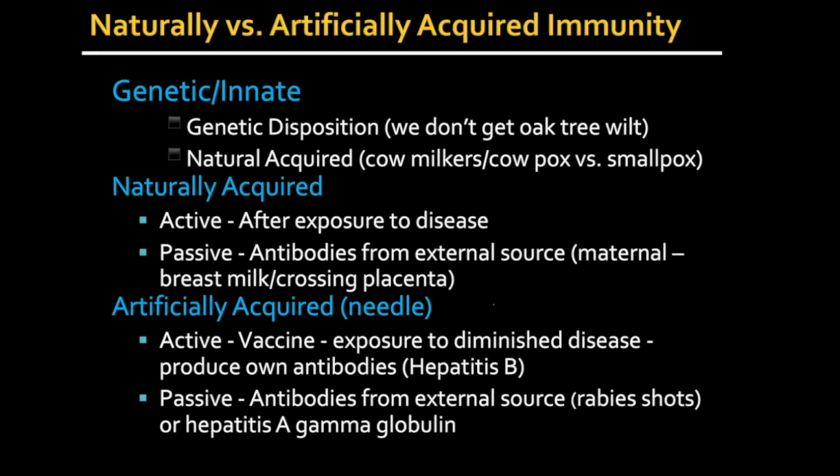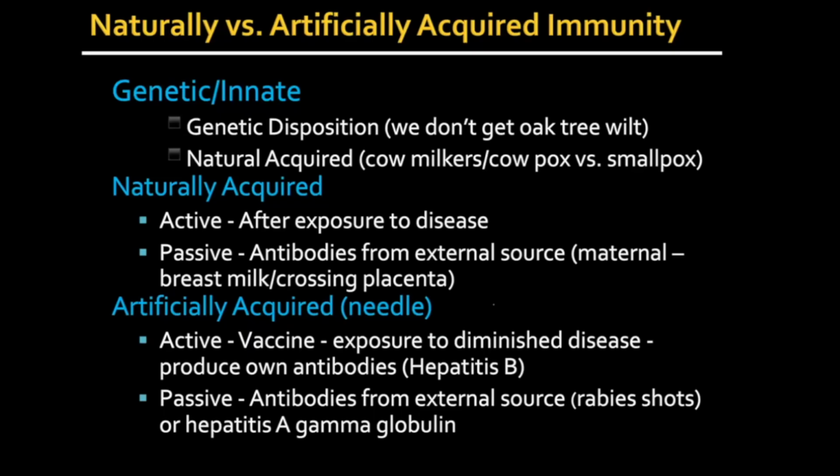And then the last category in blue is called artificially acquired, and that usually has to do with a needle of some type. So active artificially acquired is if you went down and got a shot, let's say you got vaccinated against hepatitis B. What happens is you get dead or weakened hepatitis B germs injected into your body, and your body goes, holy cow, that's an invader, and makes antibodies against it.